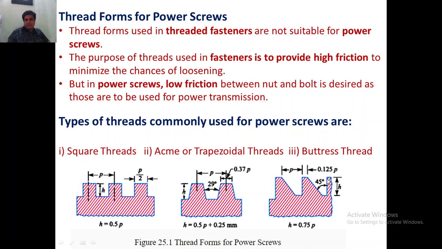In the buttress thread, one face of the thread is perpendicular to the bottom, whereas the opposite face is inclined at 45 degrees to the vertical. So the concepts of inclination and perpendicularity are combined in this form, and that is called the buttress thread. The other relative dimensions you might have learnt in machine design, on how to give the other geometric dimensions of these threads.